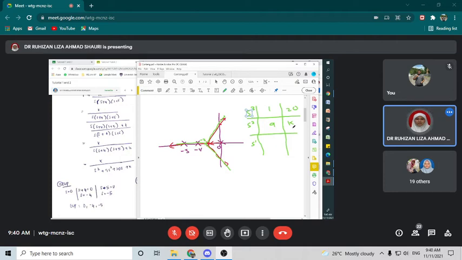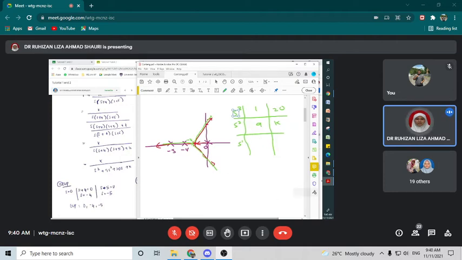Now for the next cell, it is negative of 1, 9, 20, and K, divided by 9. That gives you 180 minus K divided by 9. Equate it to 0.